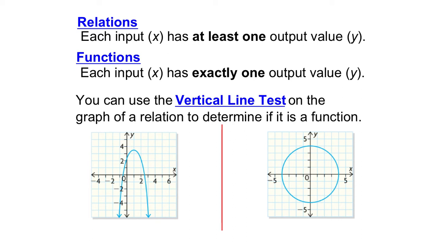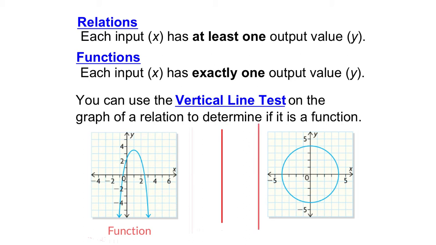On the left-hand side here, we have a parabola opening down, and if I take a vertical line and move it through the relation, I can see that at each point on the graph, it's only touching the vertical line in exactly one spot. So I would say this is a function.